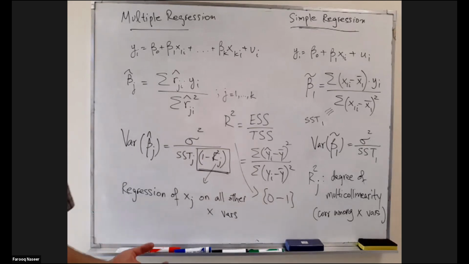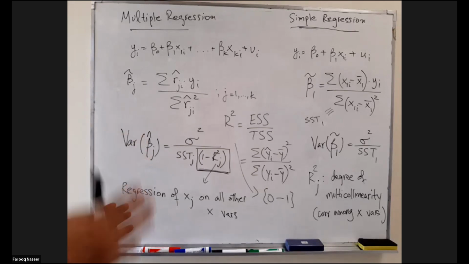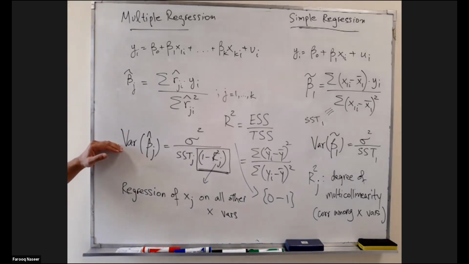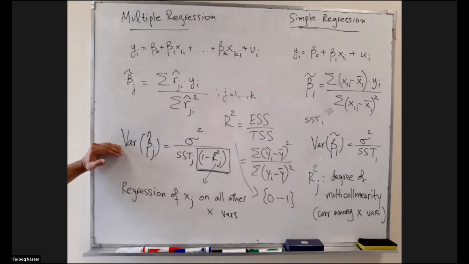Yeah, small variance means that I have obtained a precise estimate of my slope coefficient. उसकी estimate की value different random samples में बहुत ज़्यादा vary नहीं करेगी from what I've got in this sample, right? So a smaller variance is always better. So r squared j की value बड़ी होगी तो variance small होगी, या उसकी value छोटी होगी तो variance small होगी? So छोटी होगी तो variance small होगी.